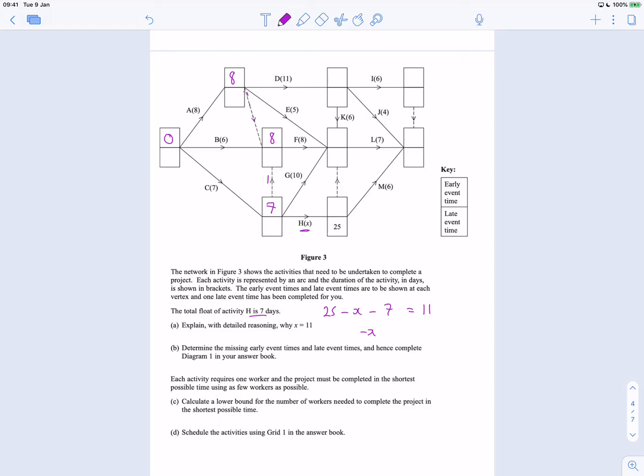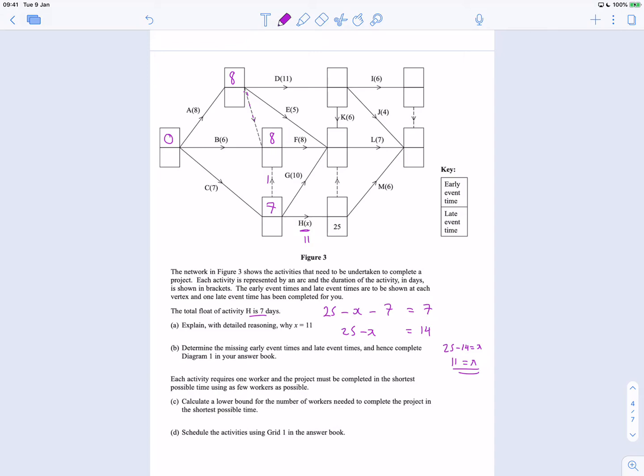Sorry. No, what am I talking about? The float is 7. That's 7. Well, if I add 7 to both sides, I've got 25 minus x equals 14. If I rearrange this, I get 25 minus 14 equals x, so x is clearly 11. The float is 7, so that means x is 11. So I can rewrite this 11, that's not a problem.